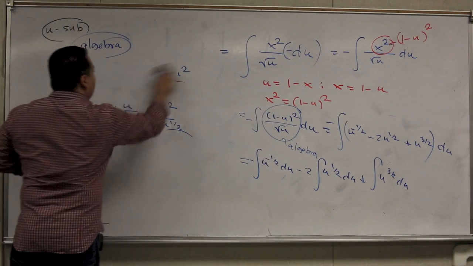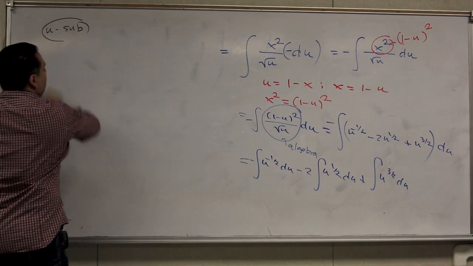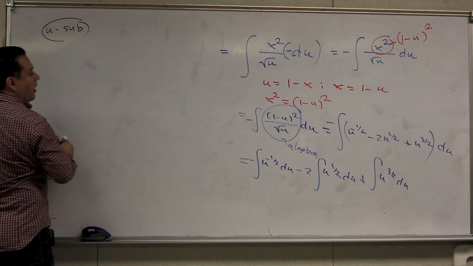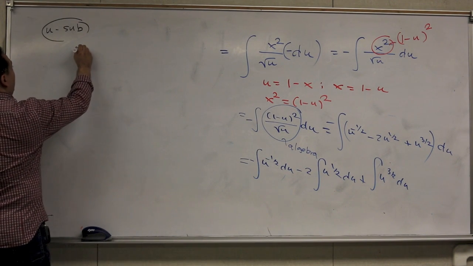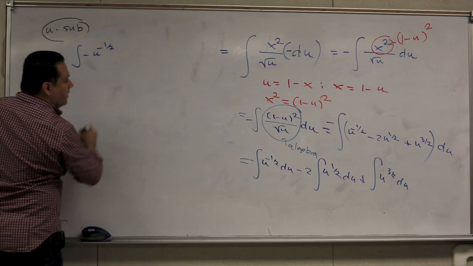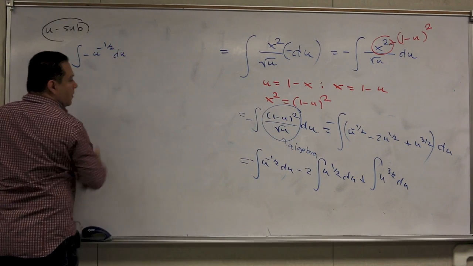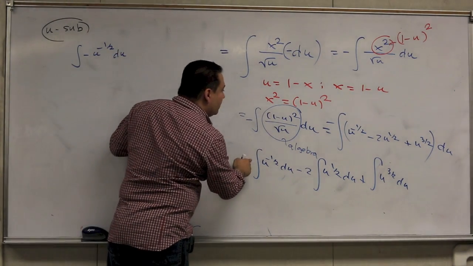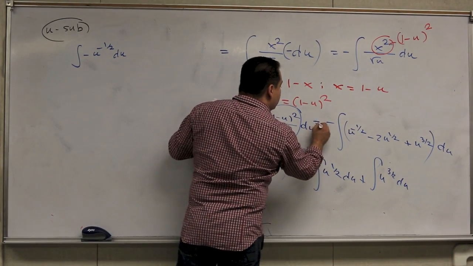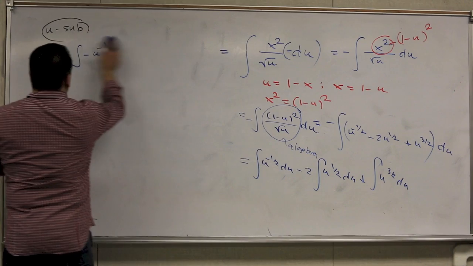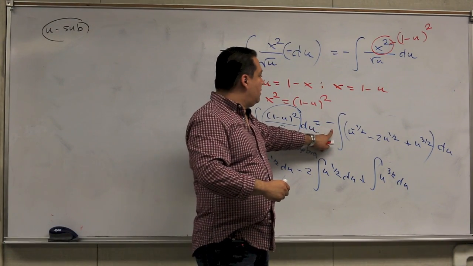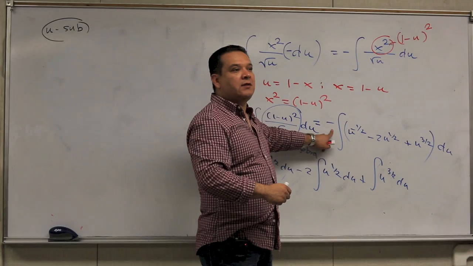So let's get rid of all this algebra here. Let's look at this. We can say the integral of that, negative u to the what? Minus 1/2 du. Let's be careful here. You're right, there's a negative here. That negative sign, we can do it one of two ways.